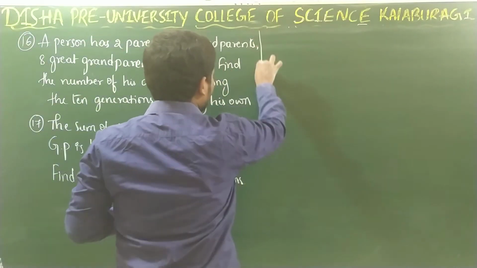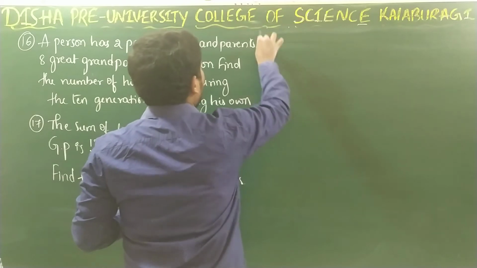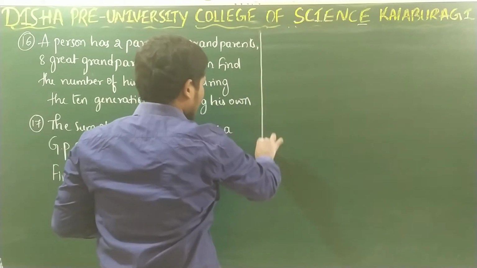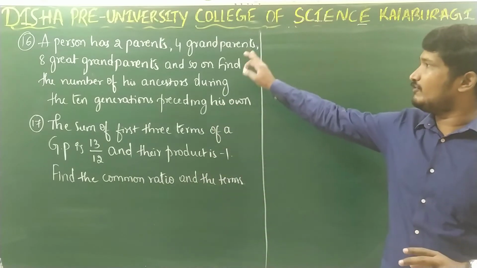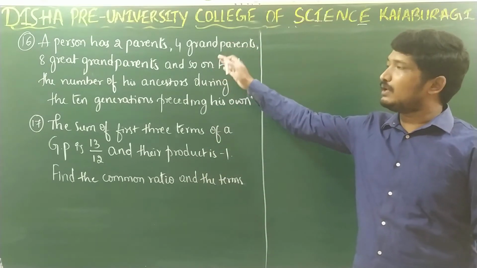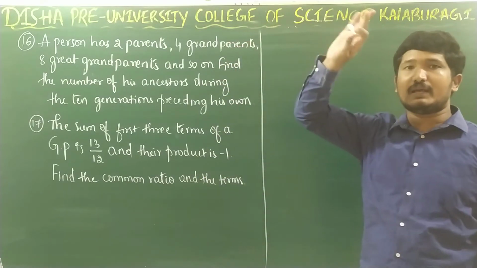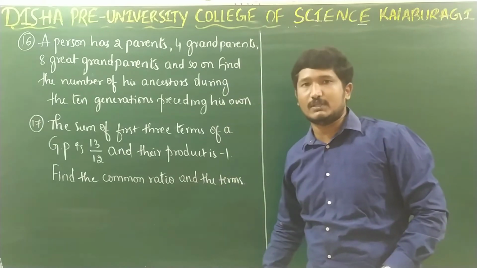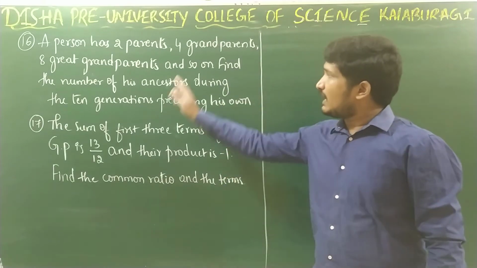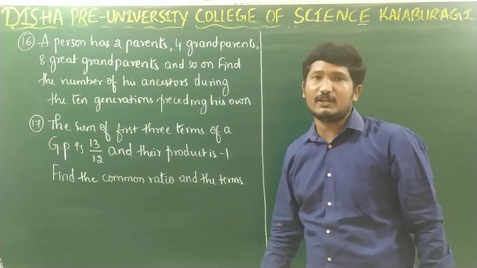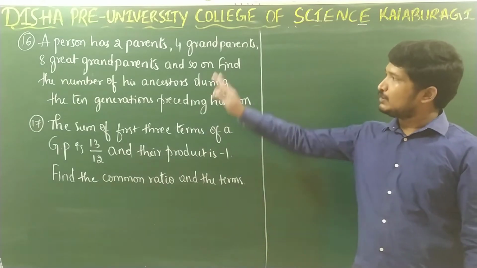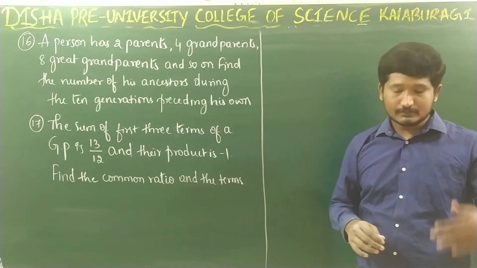By seeing this question, I hope many of you have remembered the example that I gave while explaining the definition of the sequence. So the same question is given here.